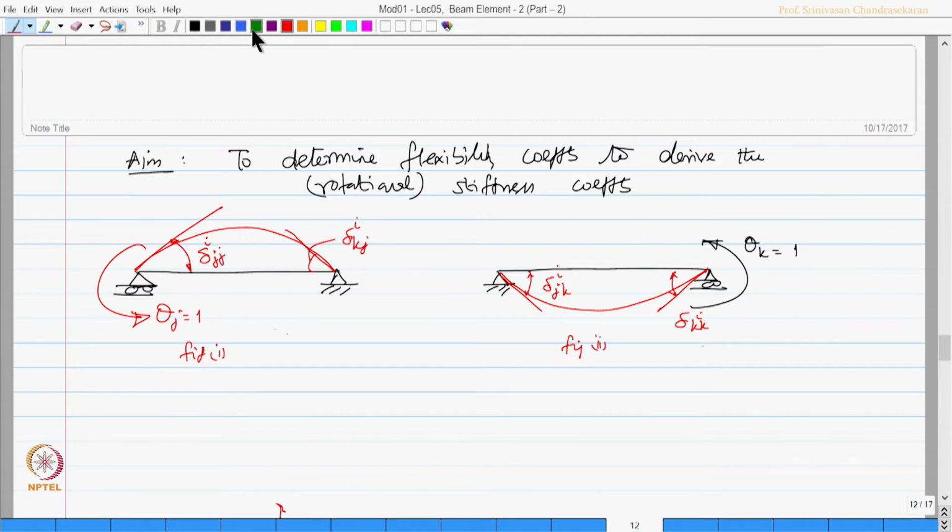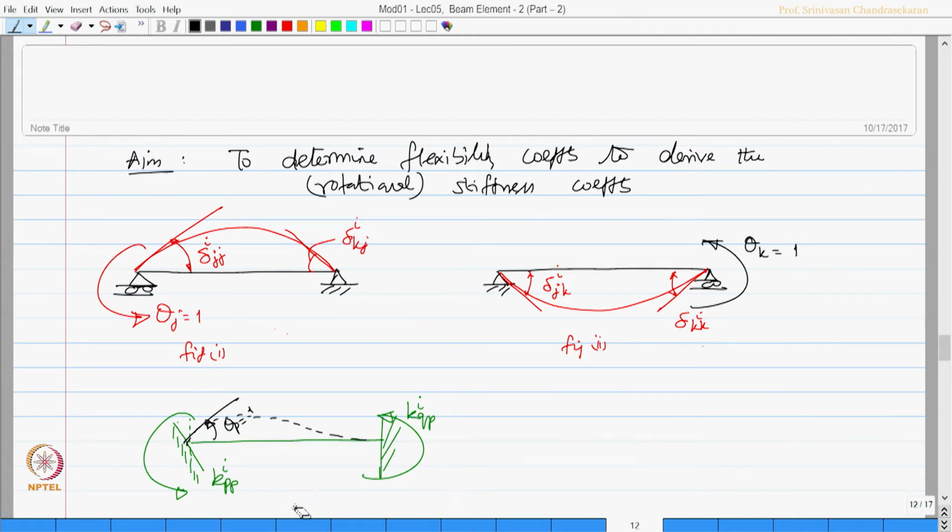Equivalently, let us try to draw the beam with this end fixed, but this end rotated, with KPP imposed, which will cause KQP, for theta p as unity. I will call this figure 3.